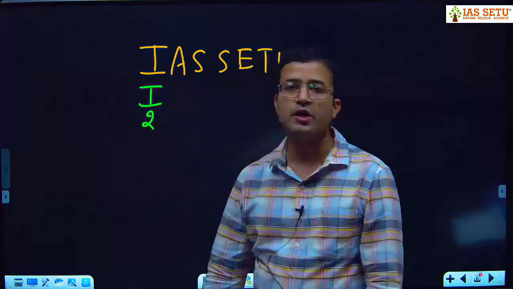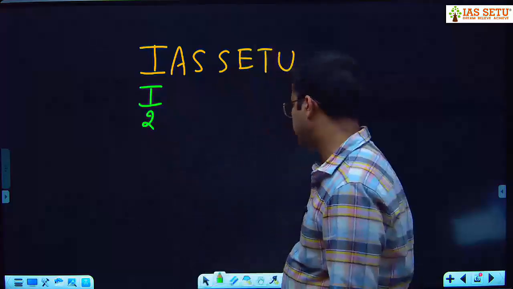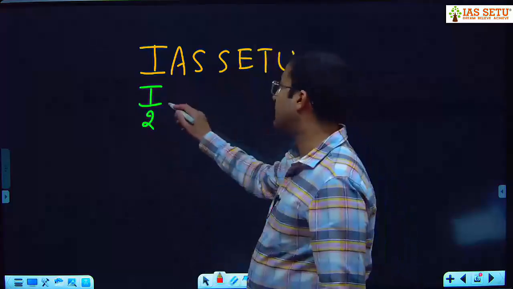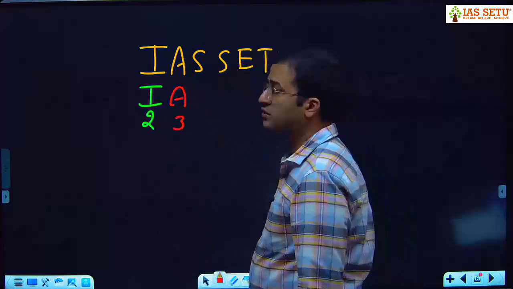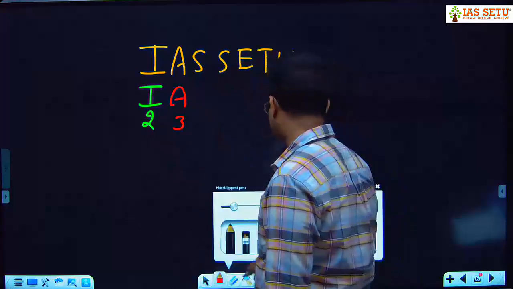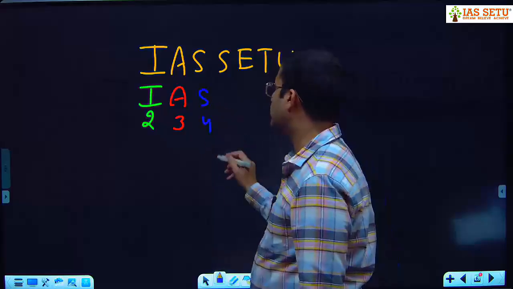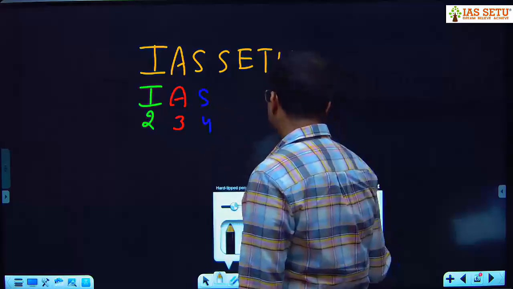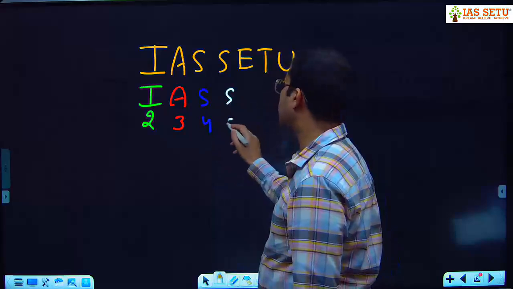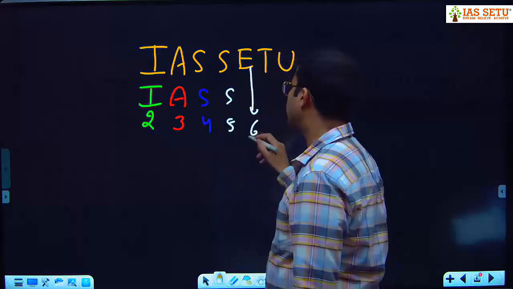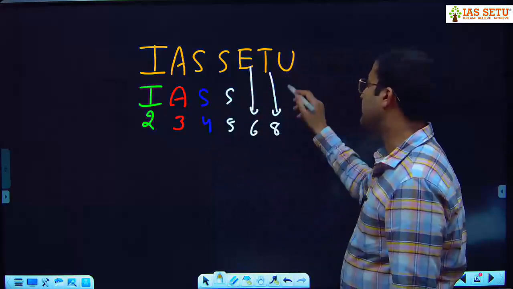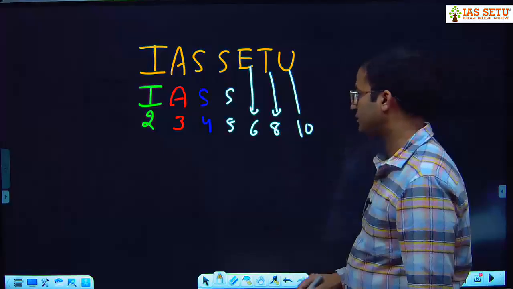I need a red color light here, it should blink every 3 seconds. First S blue light every 4 seconds. Next is white light every 5 seconds. This is every 6 seconds. This is every 8 seconds. This is every 10 seconds.